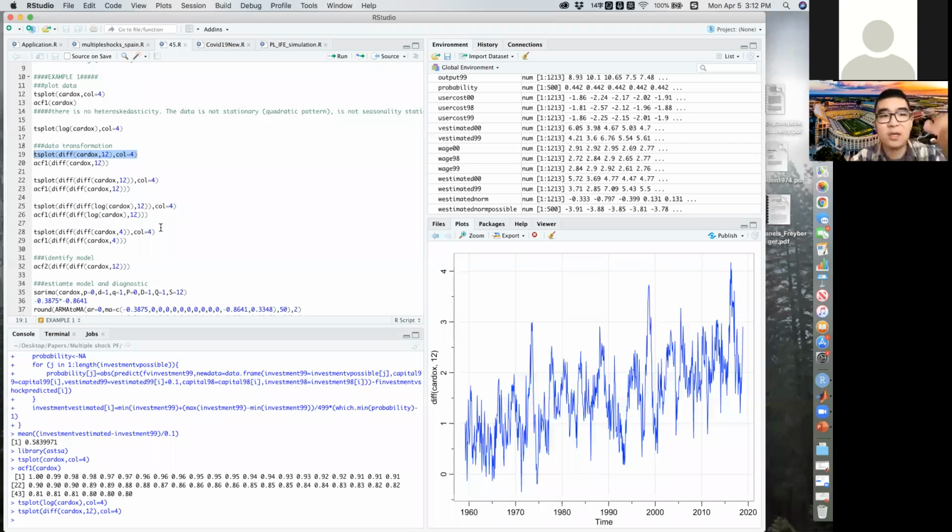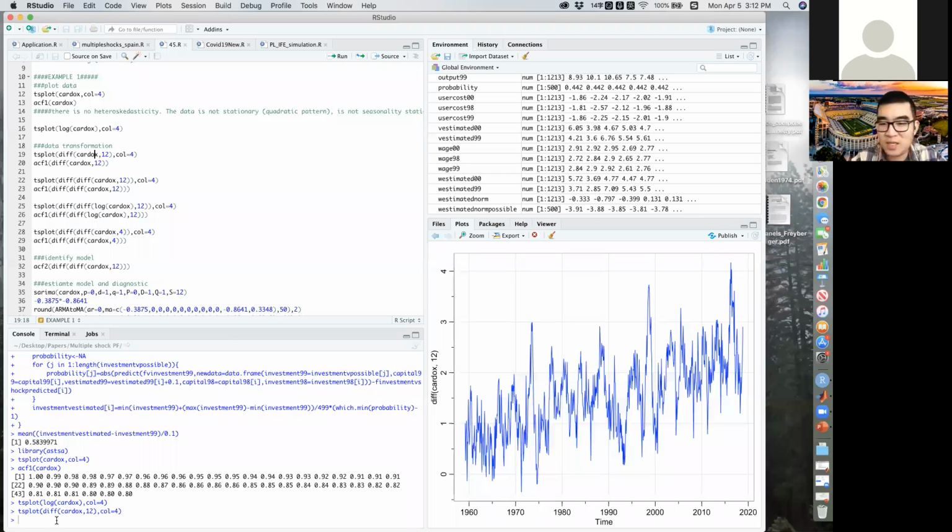I'm sorry, so this is monthly data. Anyway, let's do this seasonality transformation. We take the 12th lag difference, and that's the plot we got. Let's check its ACF and see how it looks.